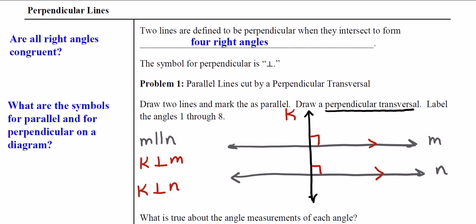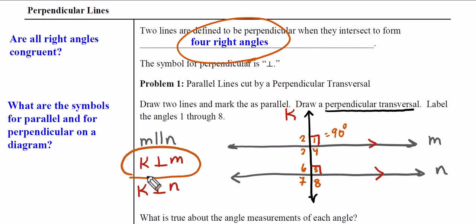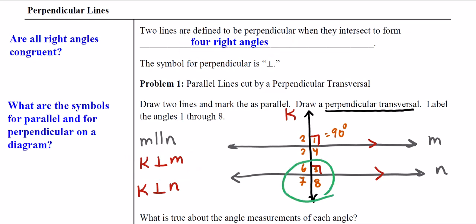So if these are perpendicular, let's go ahead and label each of these angles. I've labeled them 1 through 8. Now, we know that angle 1 is 90 degrees. But we also said that when we have 2 lines that are perpendicular, they form 4 right angles. So because line K is perpendicular to line M, these 4 angles are all right angles, and all right angles are congruent.